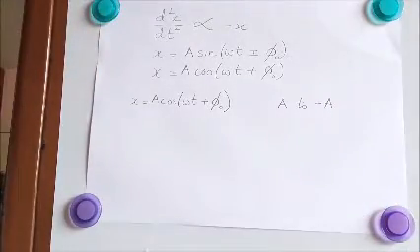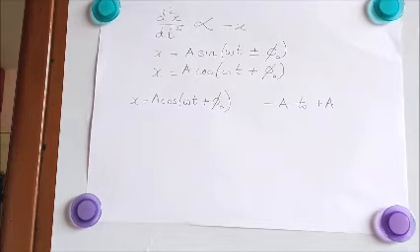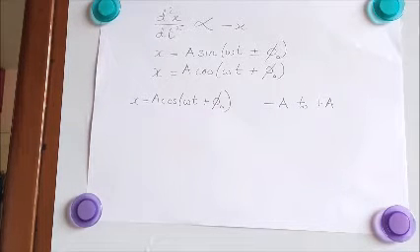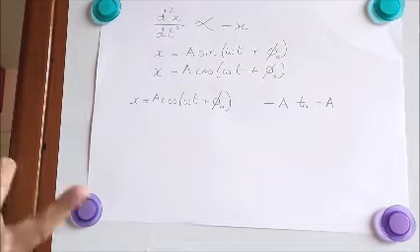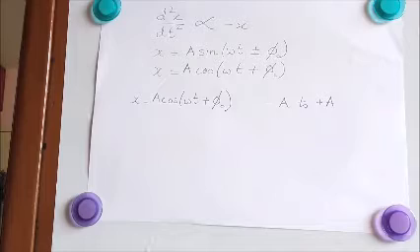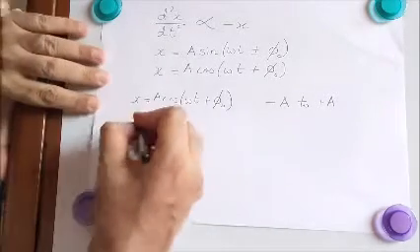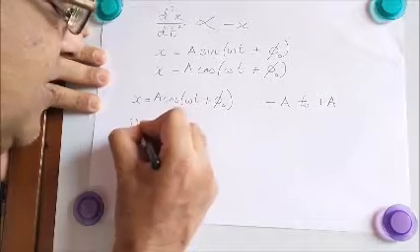We can take it as x equal to a sin(omega t plus phi naught) also, no problem, but let us take it as a cos(omega t plus phi naught). Velocity we get by differentiating this.